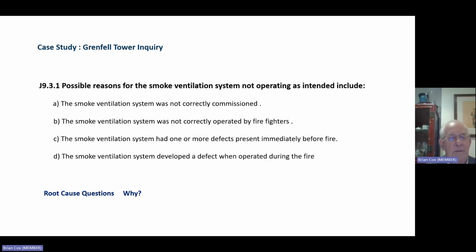So possible reasons for the smoke ventilation system not operating as intended include A, the smoke ventilation system was not correctly commissioned, or B, the smoke ventilation system was not correctly operated by firefighters, C, the smoke ventilation system had one or more defects present immediately before the fire, and D, the smoke ventilation system developed a defect when operated during the fire. So these are very good root cause questions.